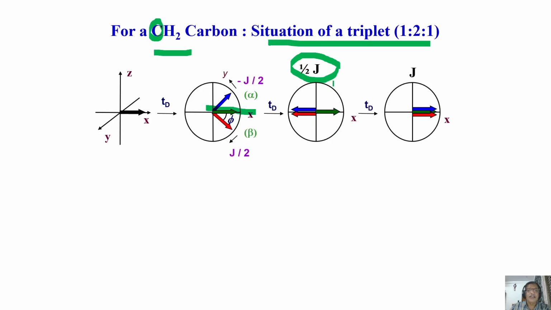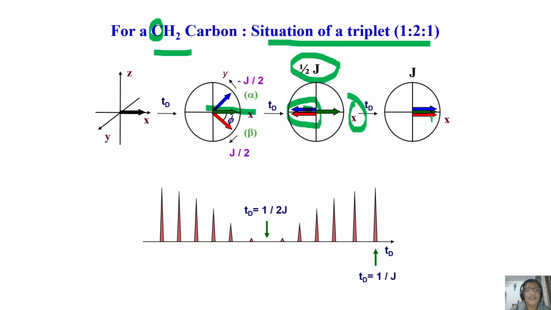If you plug it in, exactly after half J, these two vectors will come in the opposite direction. Let us say my receiver is here, and they will be in opposite directions. Continue further for another delay, and after J they come back to the same axis. They refocus here. Now plot the intensity for the CH2 carbon.